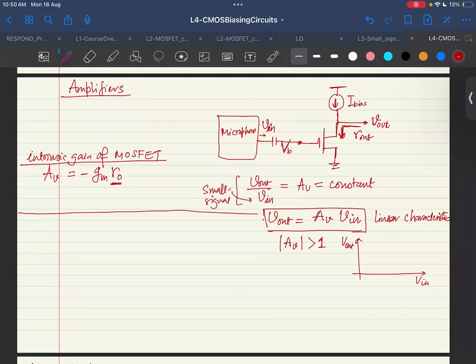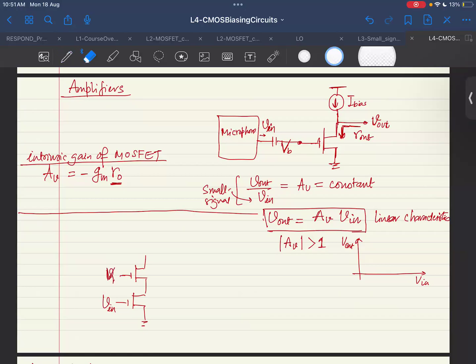So one of the stages, I would just give you this problem, and you can have a look at this problem. So this is where you are applying V in. Others are your biases. So this is your VB1, let's say. This is where you take the output, V out.